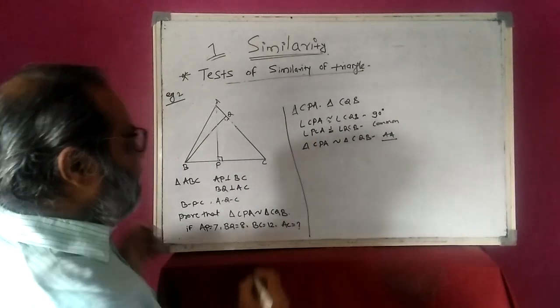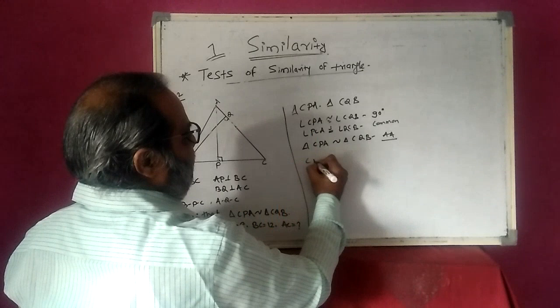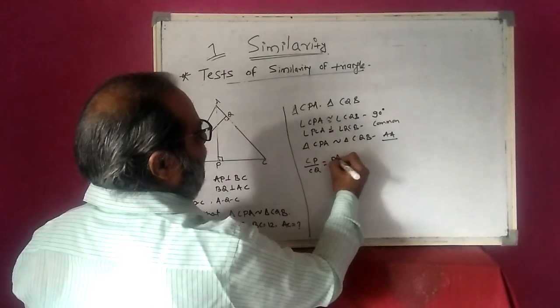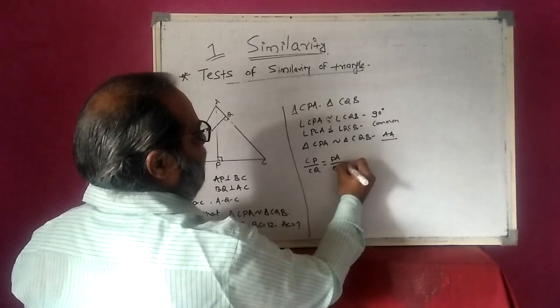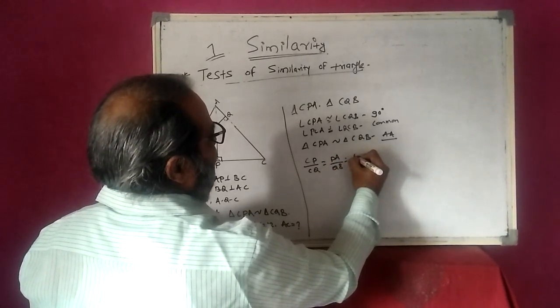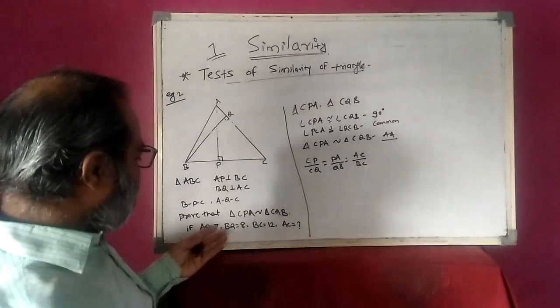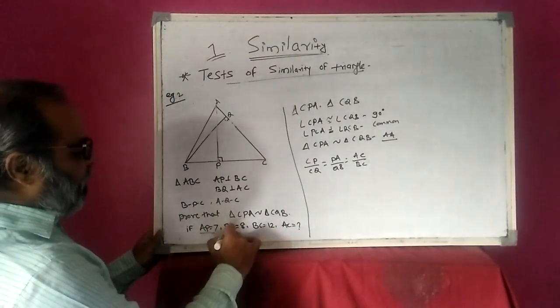So I just write the proportion. CP divided by CQ is equal to PA divided by QB is equal to AC divided by BC. Now just put the values here. AP is given, BQ is given.